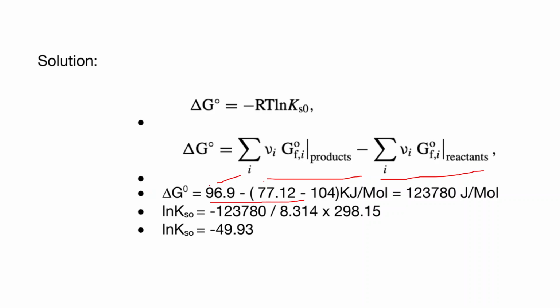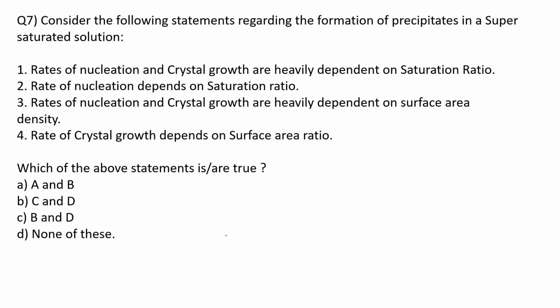So very easily we can find ln K naught by dividing by RT, and the ln K naught we get will be this. So this is your KSP value.